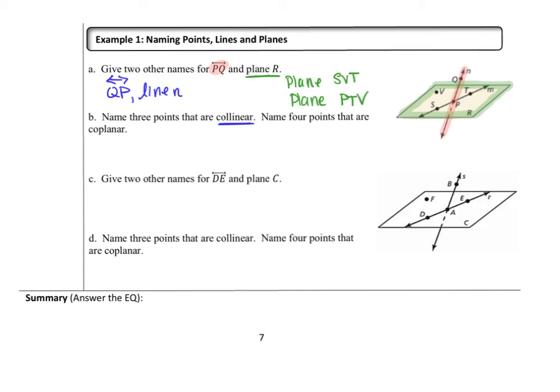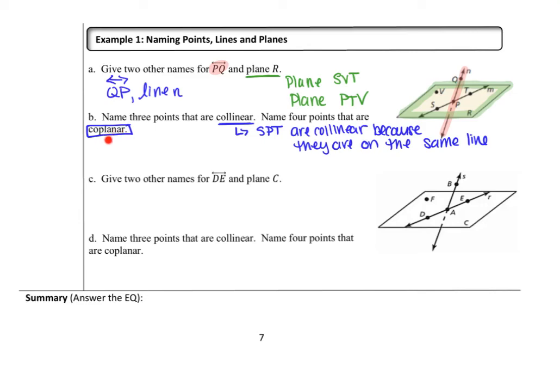So those 3 points are collinear. Now I'm looking for 4 points that are coplanar. If I want 4 points, I just need to choose 4 points that are within my plane. So what do you think those 4 points are? S, P, T, V are all on the same plane. So those 4 points would be coplanar.